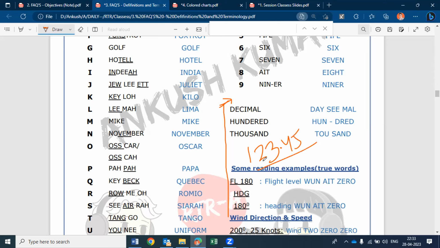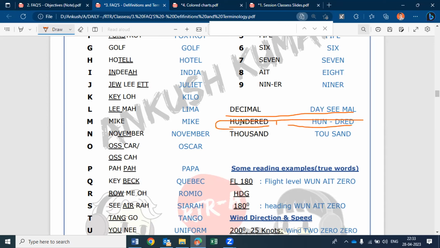If we are going to read 123.45, instead of point we need to say decimal. Is that clear to you, Emkant? Yes, sir.